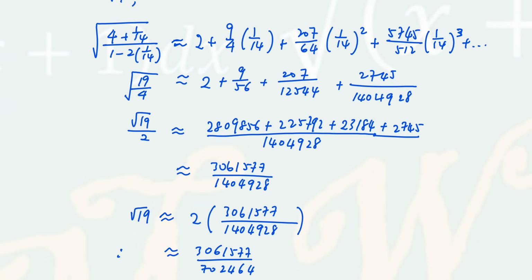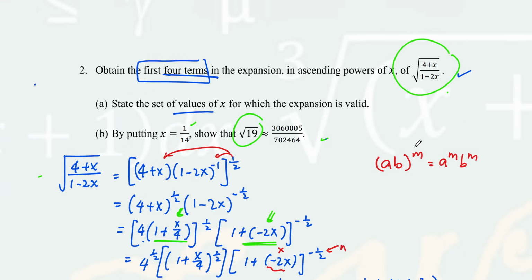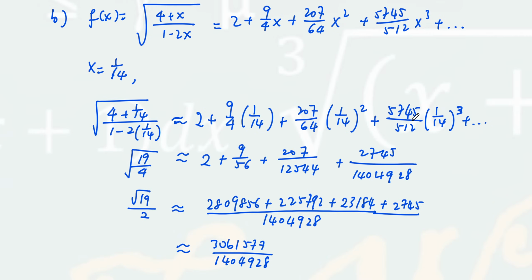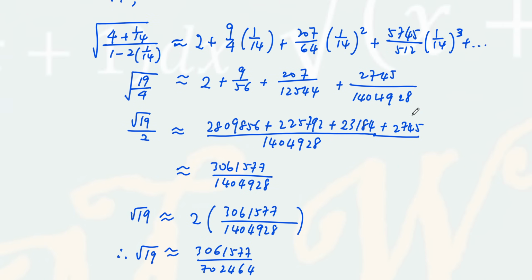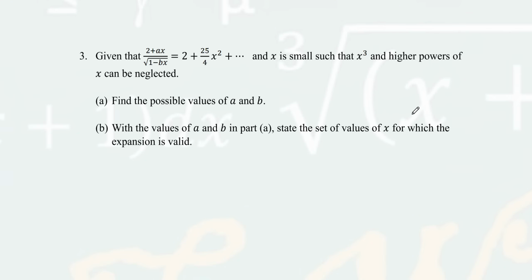Okay, so this is our fraction, right? So this is how we approximate the value using binomial expansion. Okay, now let's move on to the next question.